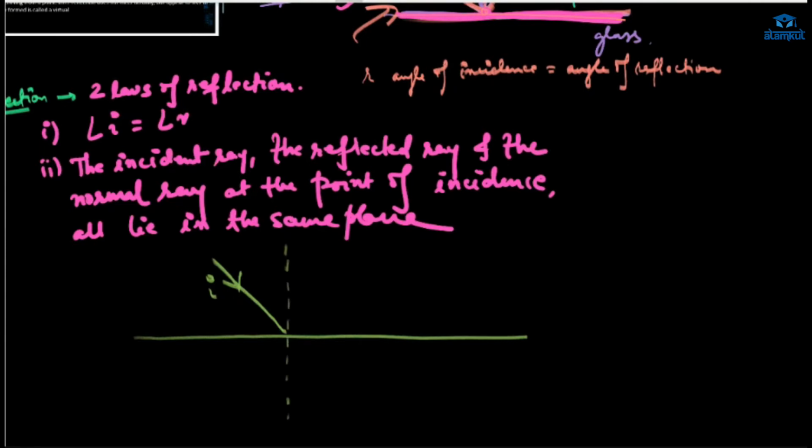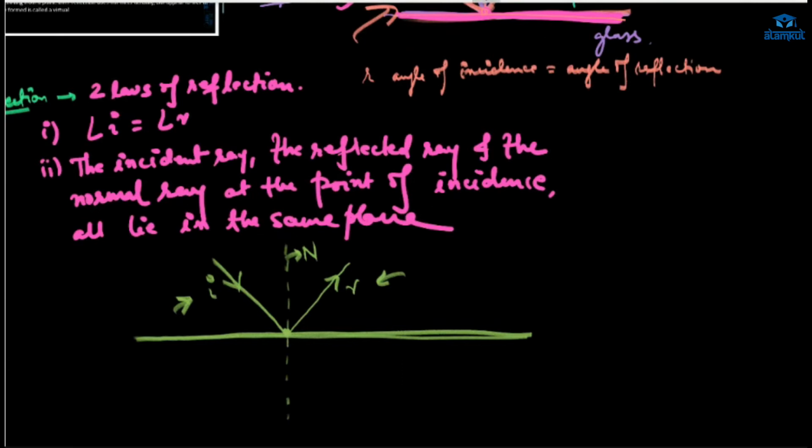And wherever the light strikes the surface, it bounces back from the same point, making the reflected ray. This is the incident ray, this is the reflected ray, and this is our normal. All are at the point of incidence and all lie in the same plane. This is our second law of reflection.